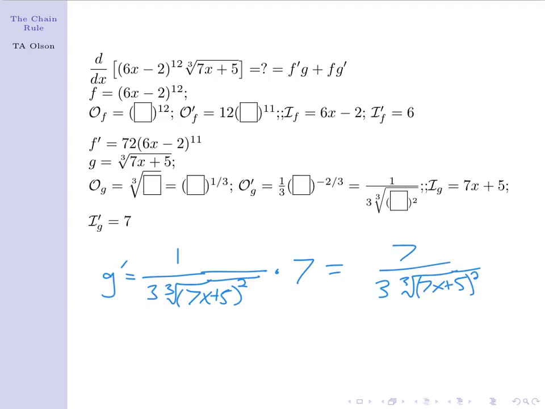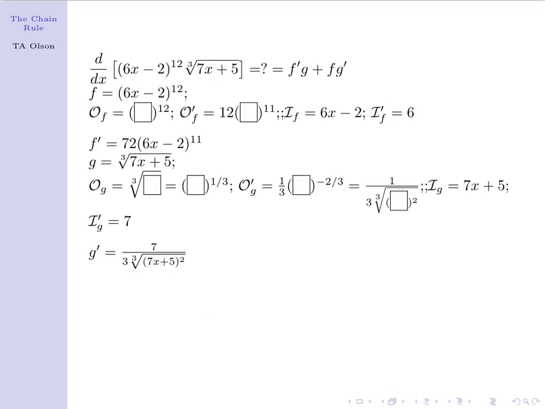Now, to put the original derivative back together, it's going to be f prime times g plus f times g prime.